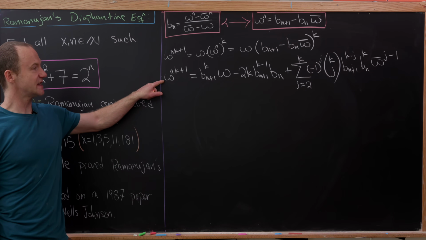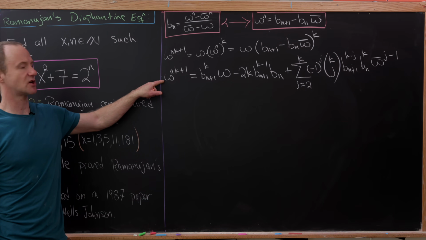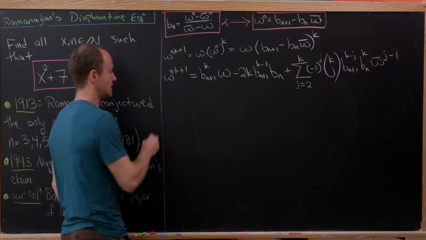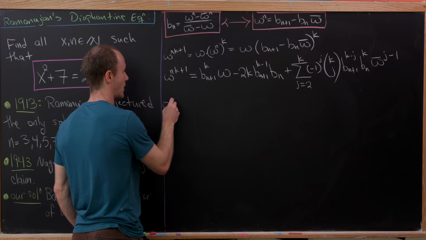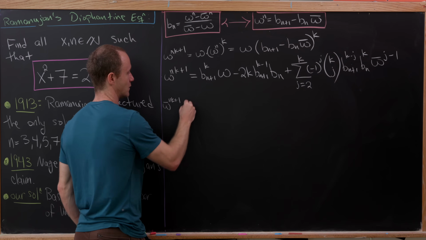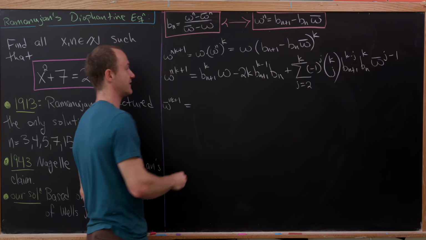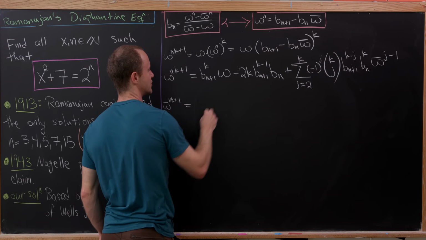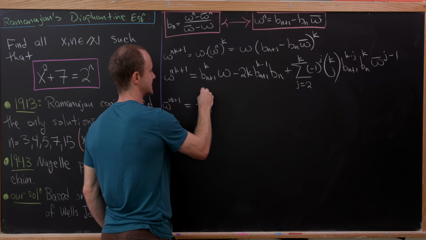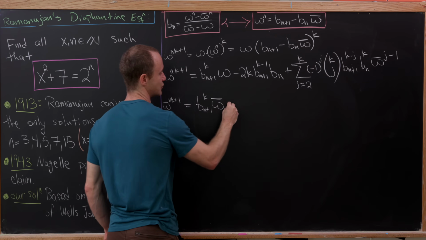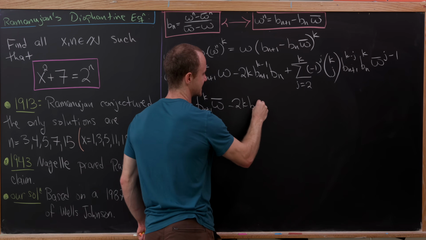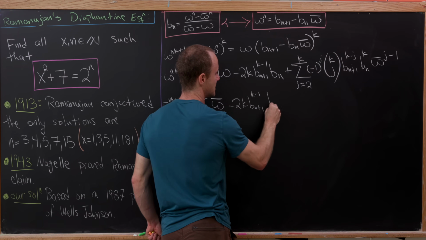Now we're going to take this equation and look at its conjugated version. And so that'll be omega bar to the nk plus 1. And here we're just going to go through every term and conjugate it if necessary. This is just an integer, so its conjugate is itself. So that's going to turn into omega bar. This thing is going to stay the same, so b sub n.